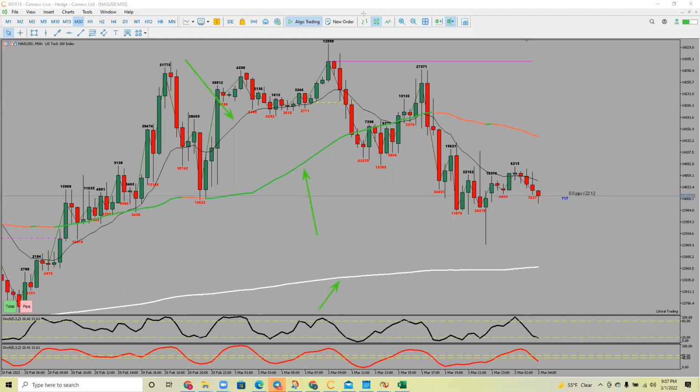All we're going to focus on with this wave counting strategy is the 50. We're going to use the 50 as our guide, so it's very important that we want to trade in the direction of the what? Of the trend.